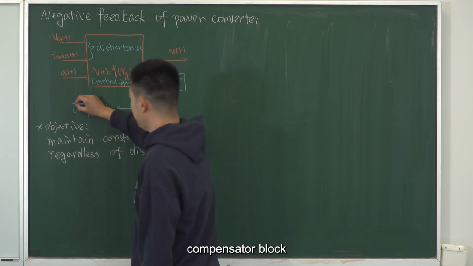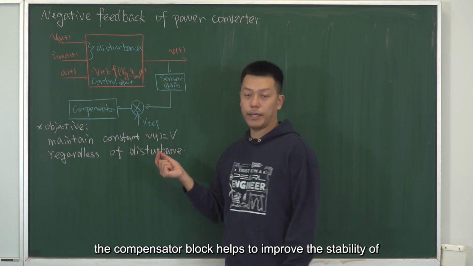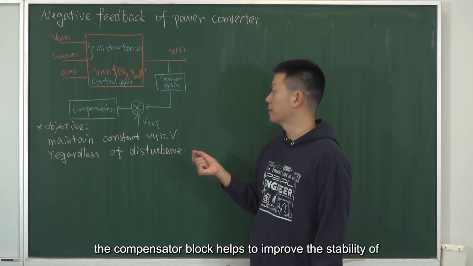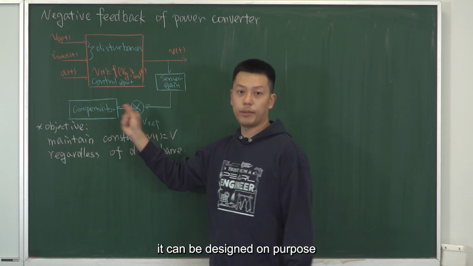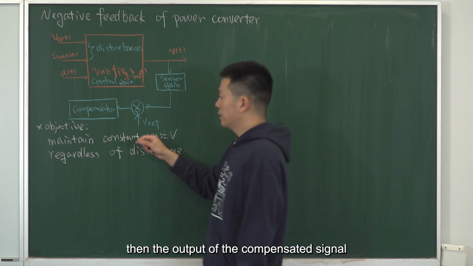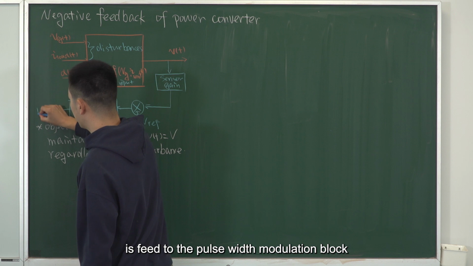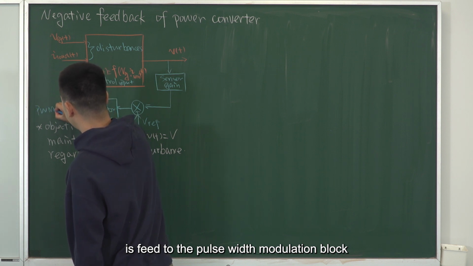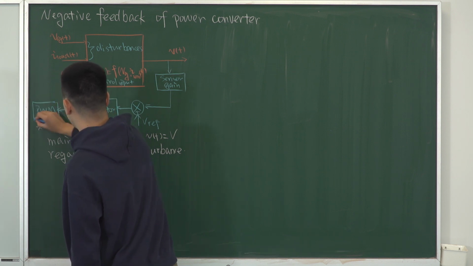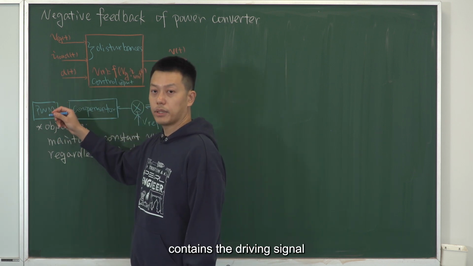The compensator block helps to improve the stability of the closed-loop system. It can be designed on purpose, right? Then the output of the compensated signal is fed to the pulse width modulation block. And the pulse width modulation block contains the driving signal, right?